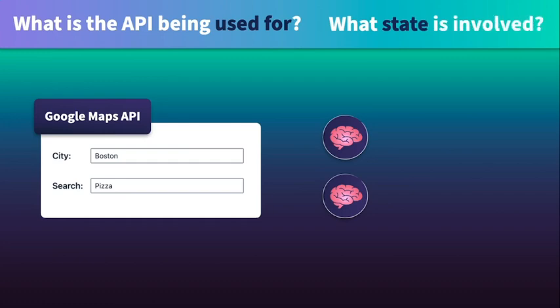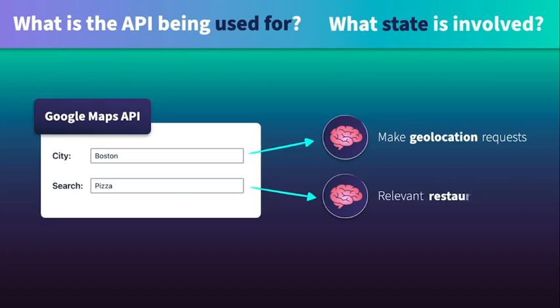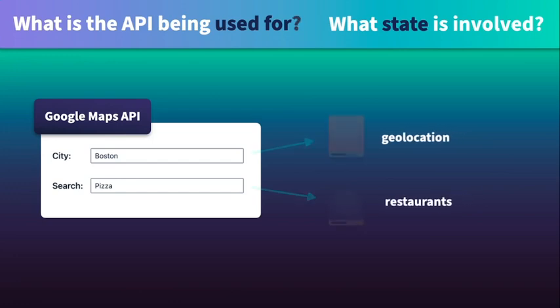What state do we need to track? When we ask those questions, we know that the first input is being used to make geolocation requests, while the second is dealing with restaurants that match the search term. Based on this reasoning, it sounds like we can make two stores with their own individual logical concerns: geolocation.js, restaurants.js.